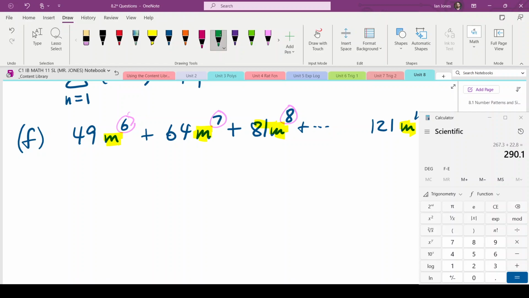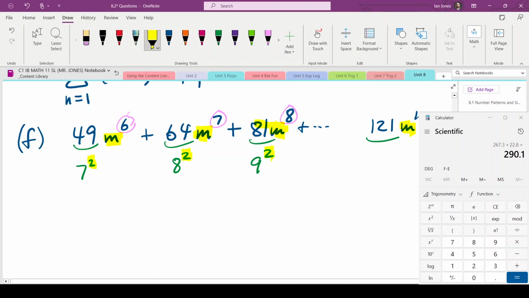What's significant about 49, 64, 81, 121? Well, these are perfect squares. Okay, this is 7 squared, 8 squared, 9 squared, and so on. So in fact, the square is staying the same. Right?